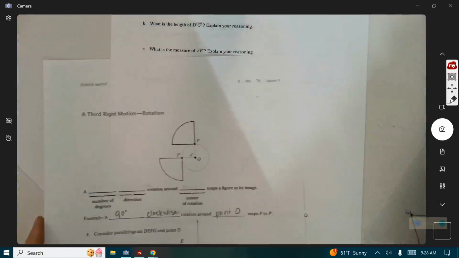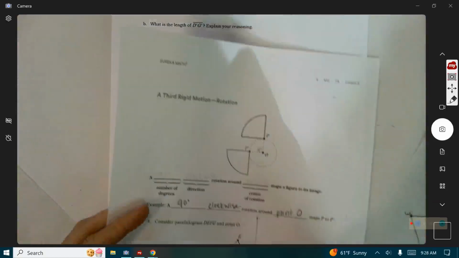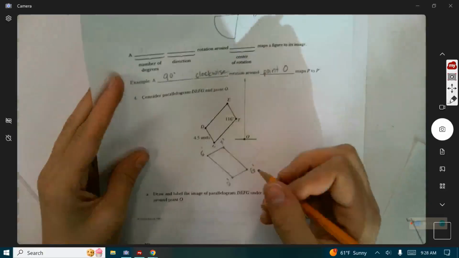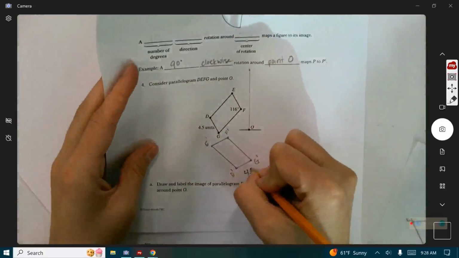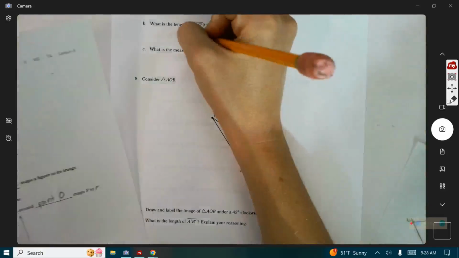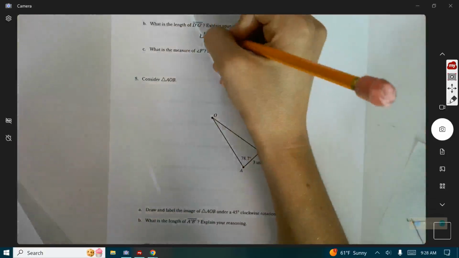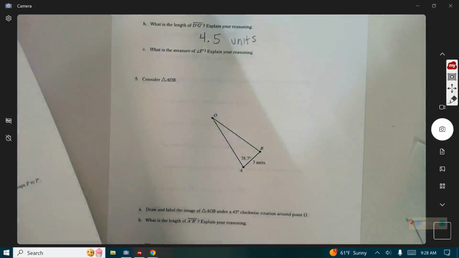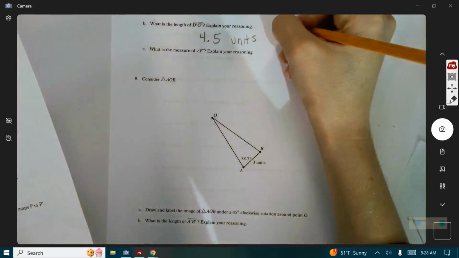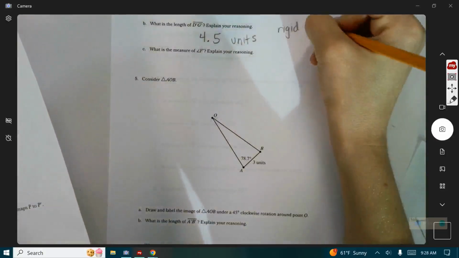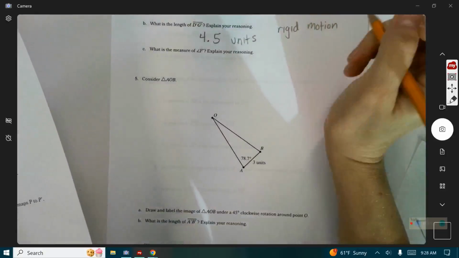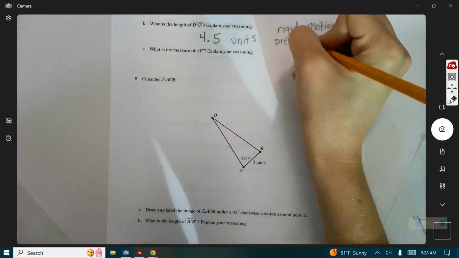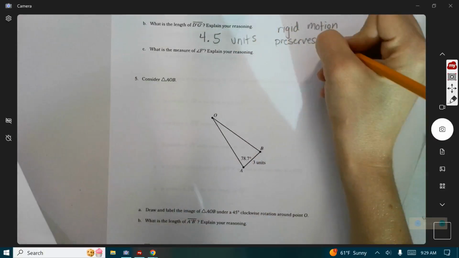Part B says, what is the length of D prime G prime? Well, DG was 4.5 units, so D prime G prime is also 4.5 units. And explain your reasoning. Rigid motion preserves or maintains the distance between points.